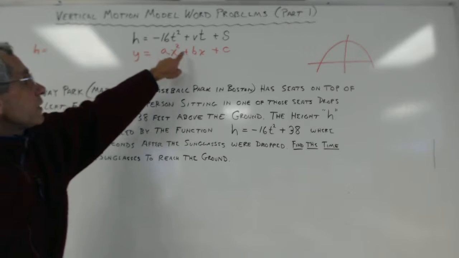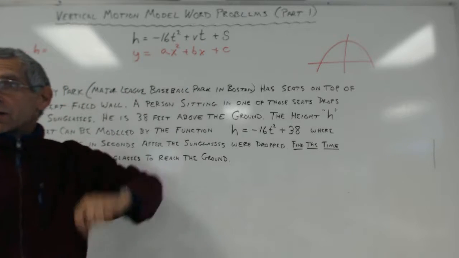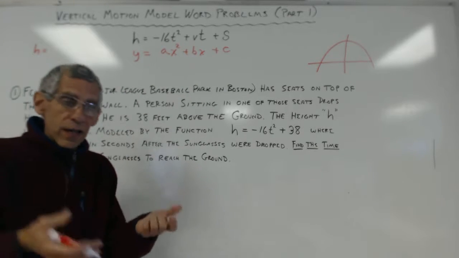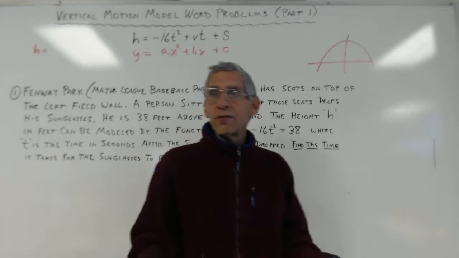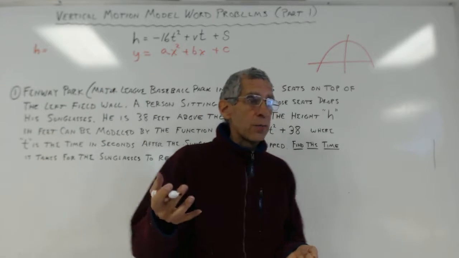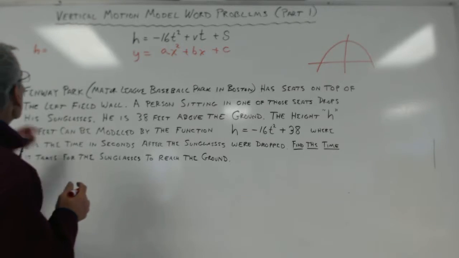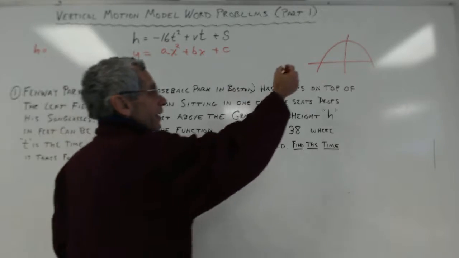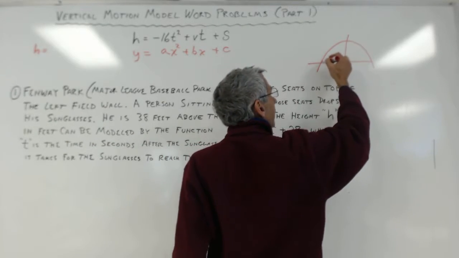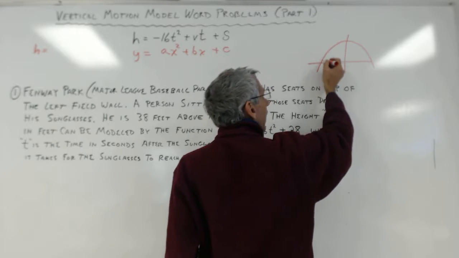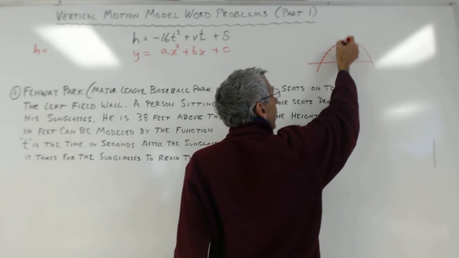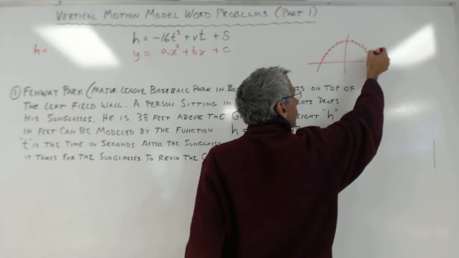The a is negative 16, the b is v right now. And we use different letters so that we know what they stand for. It's going to help us define it. So the h is the height of the ball at any point along this curve.